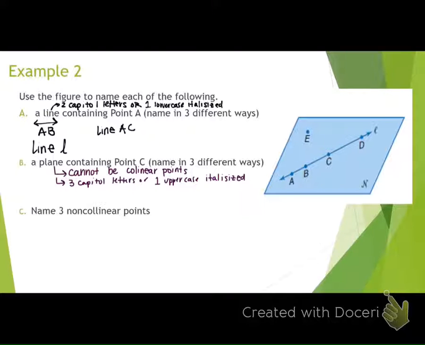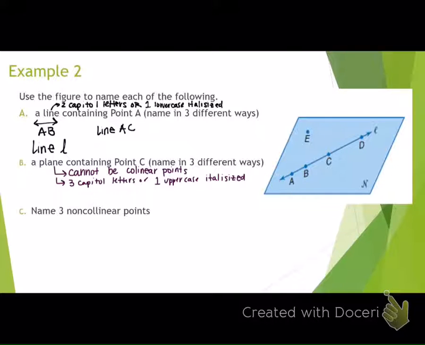So Corey, can you name this plane for me? You either need to give me 3 capital letters that are not on the same line or 1 uppercase italicized letter. Okay, that's 1 letter. That's not italicized. That's a capital letter, though. Give me 2 more. L is not a capital letter. That's just along the line. So it's 3 points. So give me 3 points.